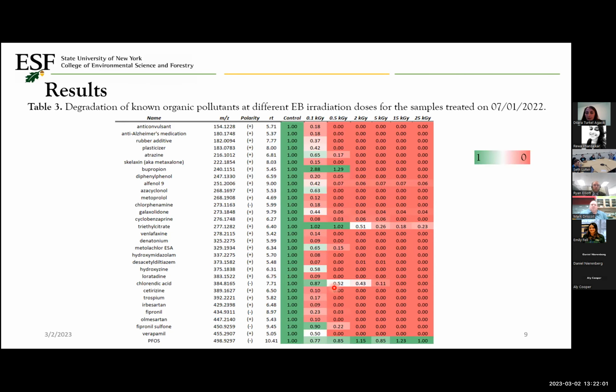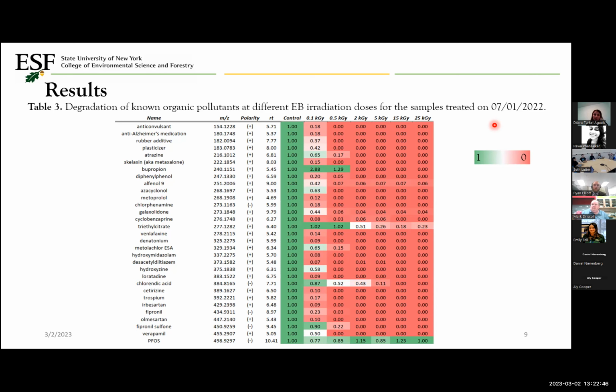Okay, so here is another table showing the degradation of non-organic pollutants at different electron beam irradiation doses for the samples that we treated in June. We extracted from our whole list, as I said, it has more than 10,000 compounds inside, just some of the pollutants that we have on our list, such as rubber additive, plasticizer, and most of the pharmaceuticals, and their degradation profile by the different doses.